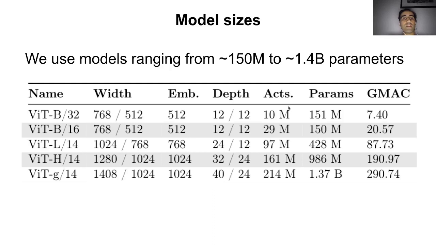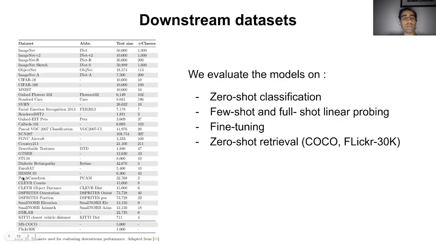In terms of model sizes, we use models ranging from 150 million to 1.4 billion parameters. We largely rely on the original OpenAI CLIP work. In terms of model architecture, we add two additional model sizes, ViT-H and ViT-g, to train larger models.